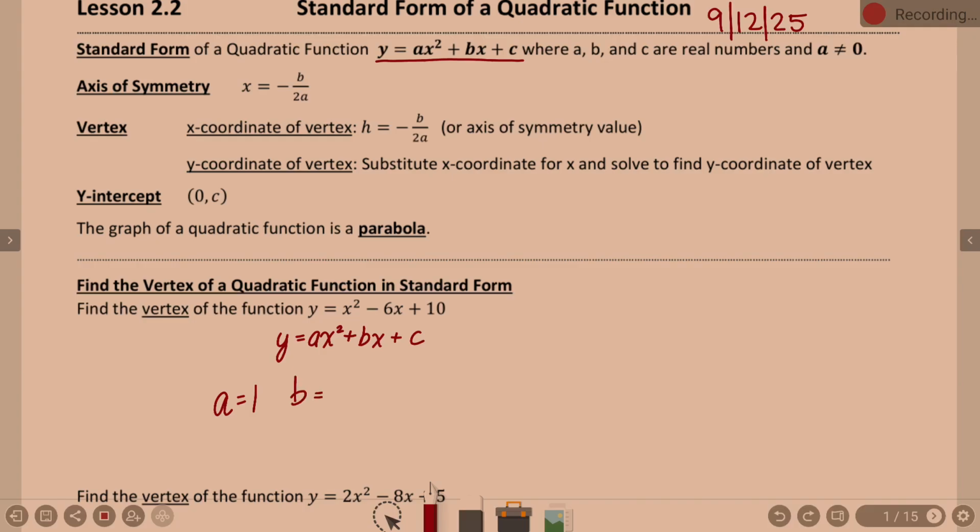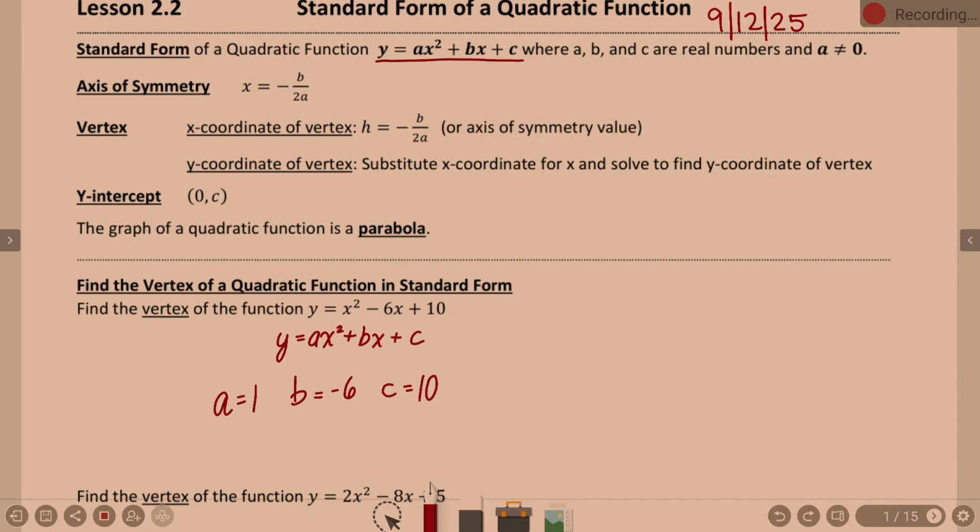And yes, I write these down. You may not feel the need to write these down, but as the teacher, our very first example, yes, I'm going to write them down. What's b? Negative 6. It's the coefficient of the x term. And what's c? C is 10.